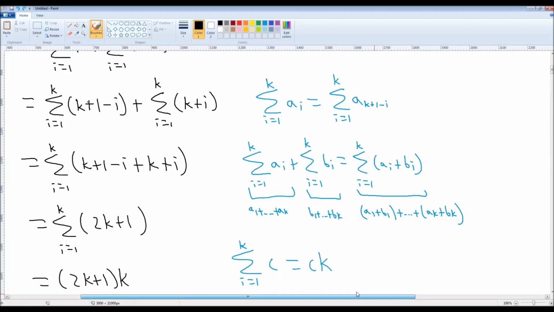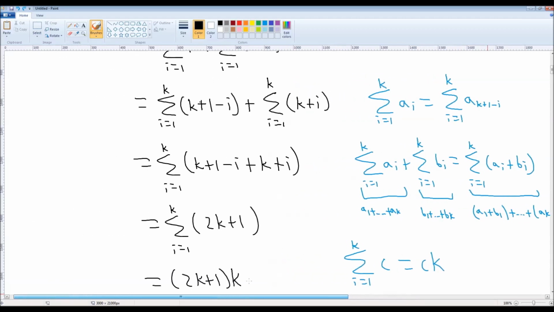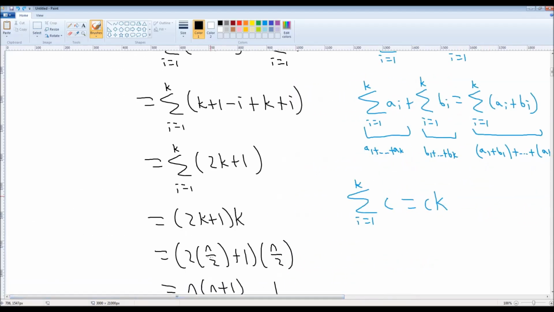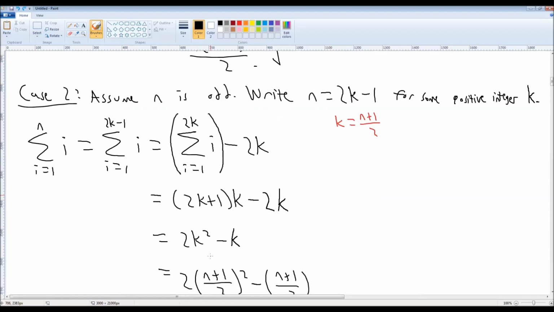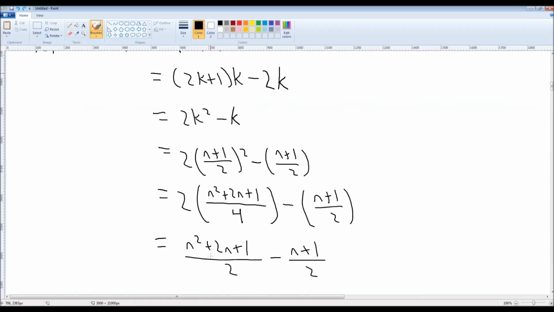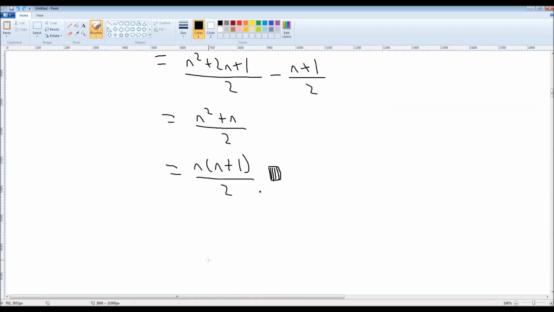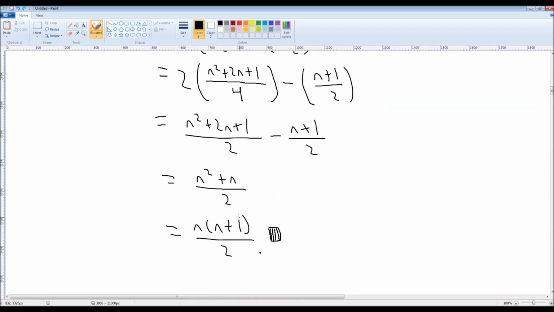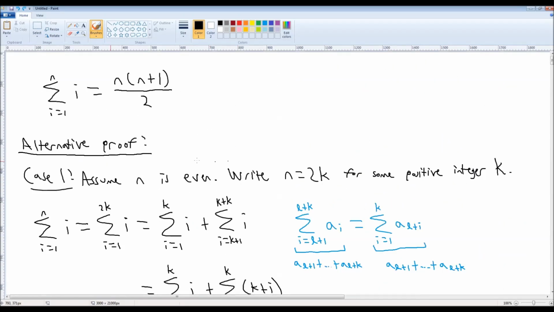But that's because induction is such a fundamental property of the integers. In fact, you can't even define the natural numbers without using the principle of induction. But anyways, that is an alternative proof of this formula for all positive integers n.